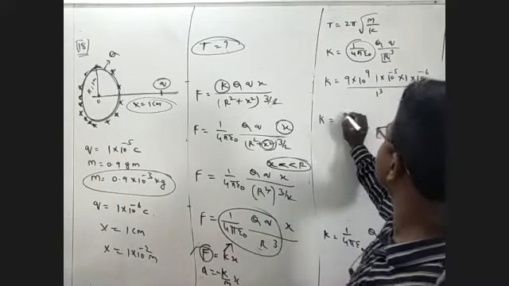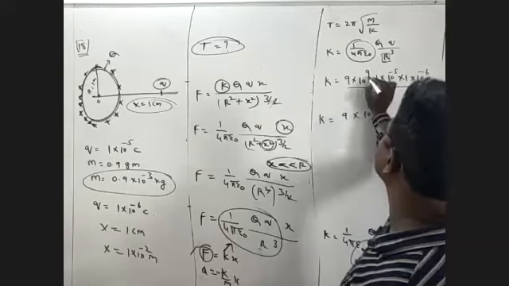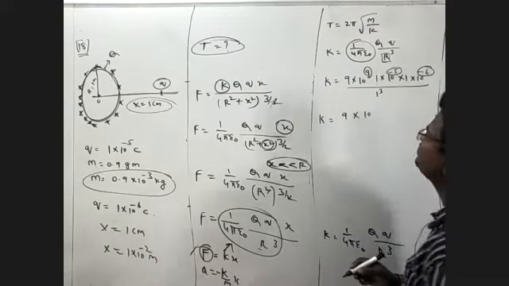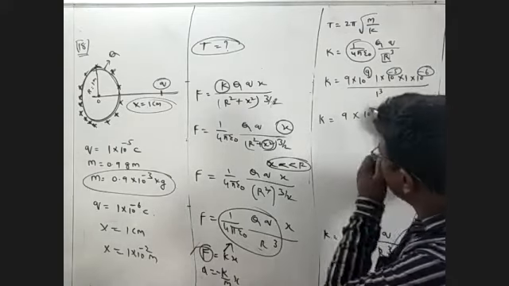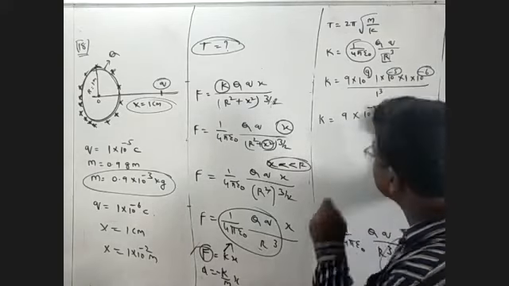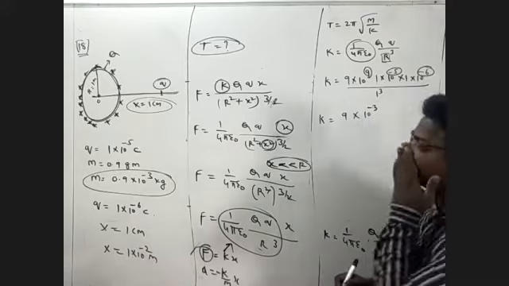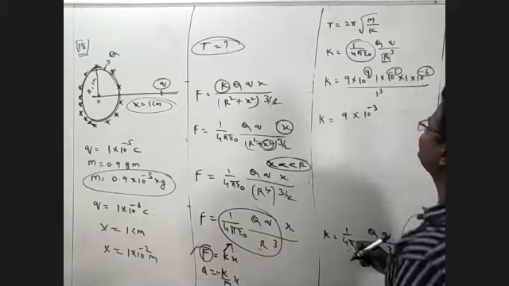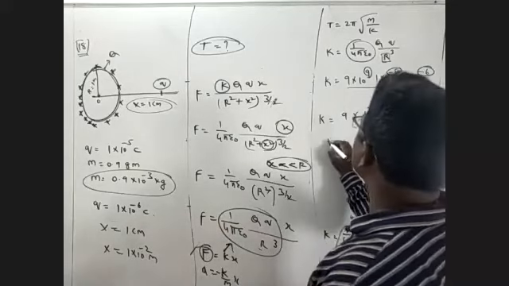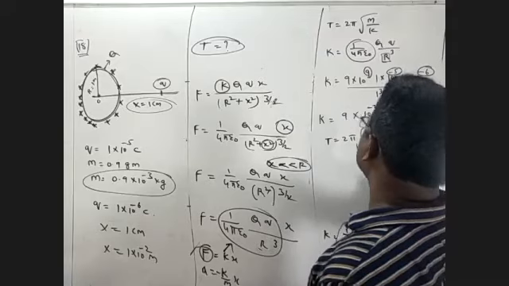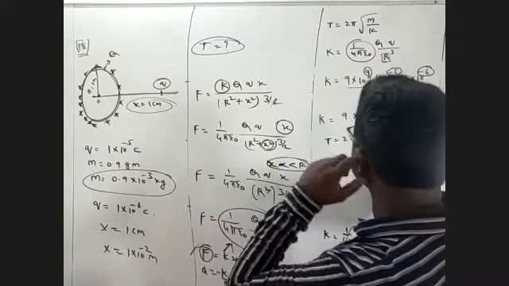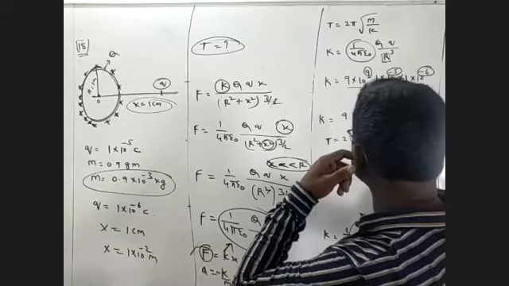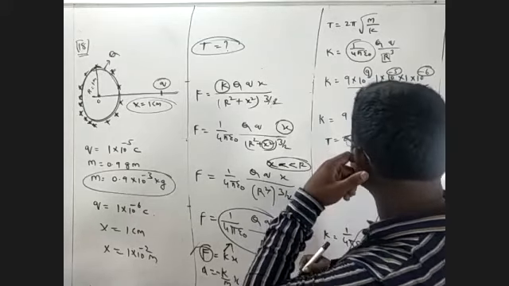So k is equal to 9 into 10 to the power of 9 times 10 to the power of minus 5 and minus 6, which is minus 11, giving 9 into 10 to the power of minus 2. Now T is equal to 2 pi root of m, where the mass is 0.9 into 10 power of minus 3, divided by the k value, and the powers of 10 cancel.